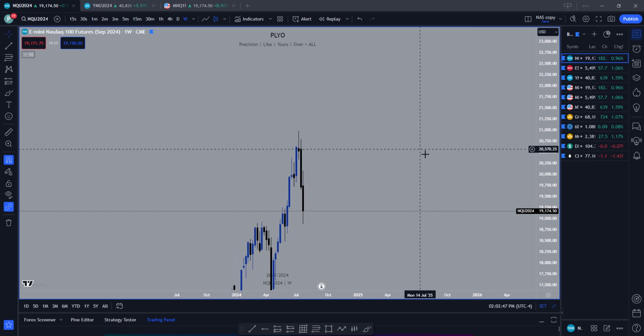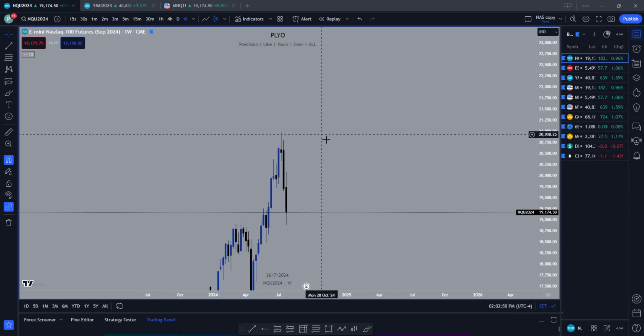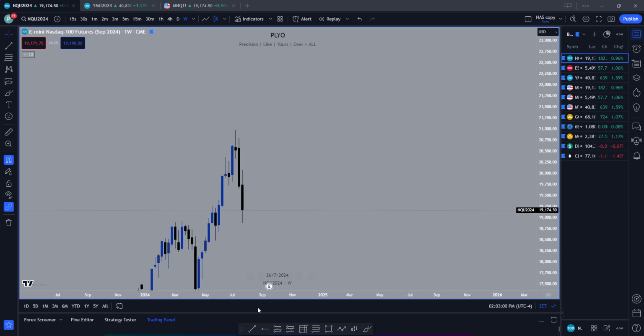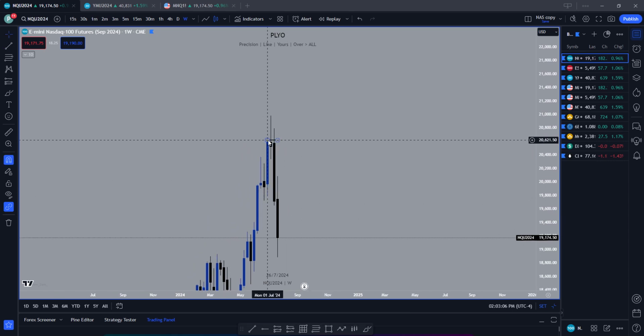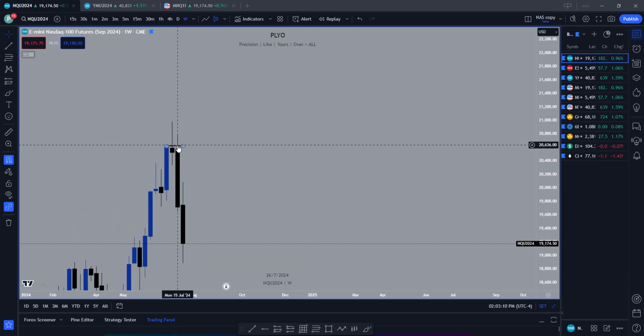We talked about turtle soups and how they are the start of any real move or any decent move in the market. We get a high that gets souped, like so, and a good soup will be where the bodies don't close above the high. If I zoom in here, you can see this tiny little wick on the weekly chart.